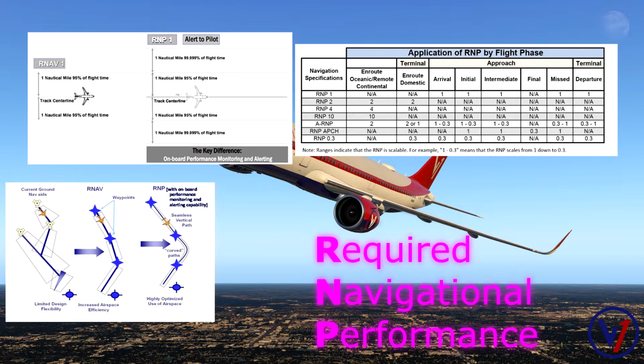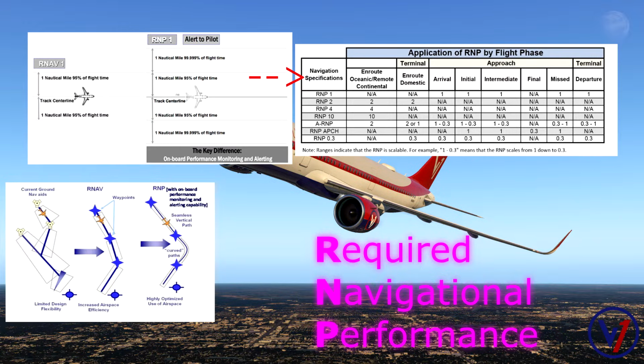There are several specifications to RNP, and they are dependent upon the phase of flight. What that means is depending on where you are, whether it's an arrival, an en route phase, an intermediate phase, an oceanic phase of flight, along with several more as indicated by this chart, the required navigational performance will vary.